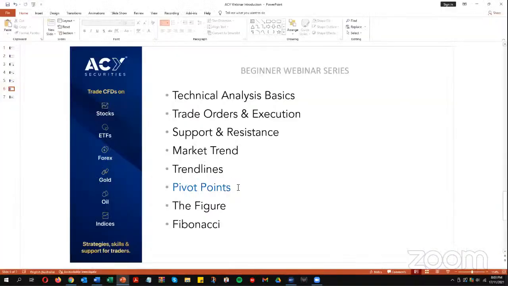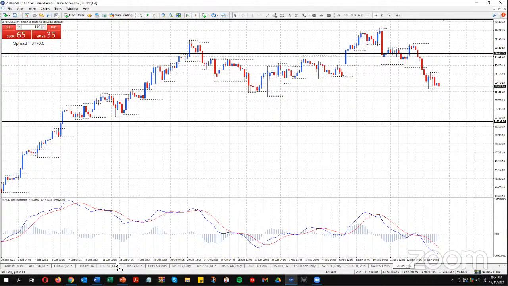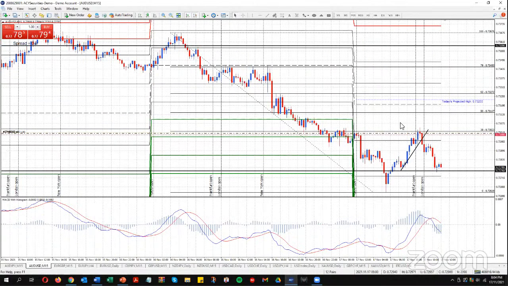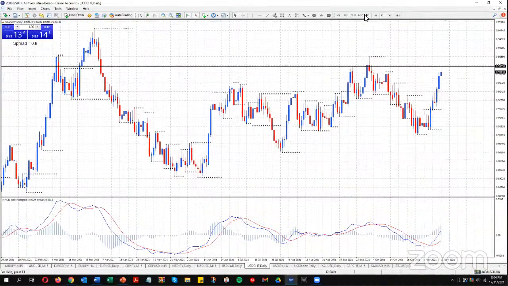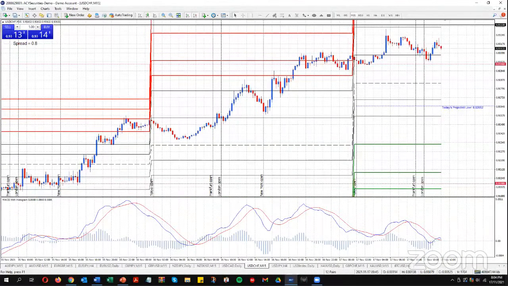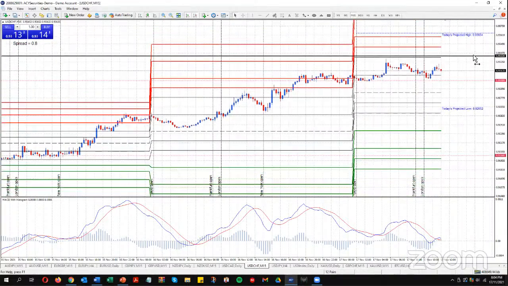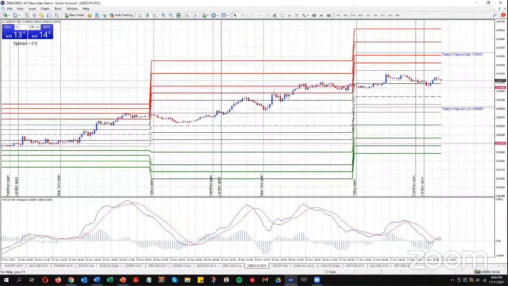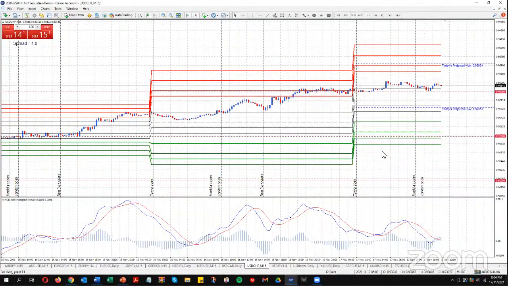If you haven't done pivot points before, let me go to a chart that's clean. Pivot points are these red, black and green lines I have on my charts.